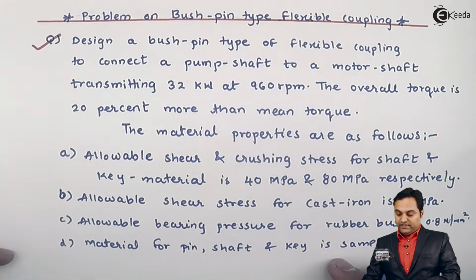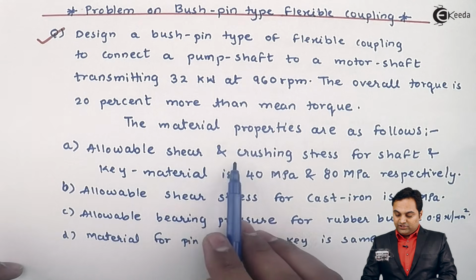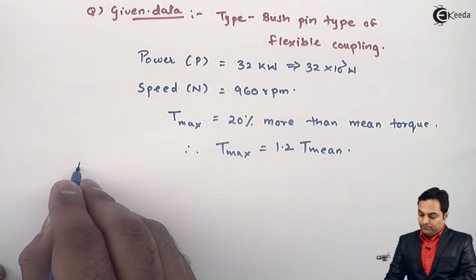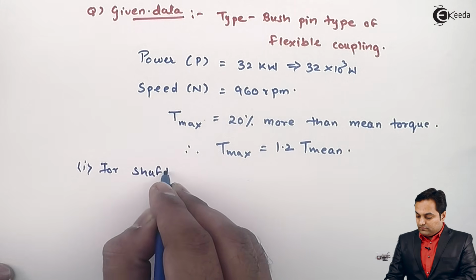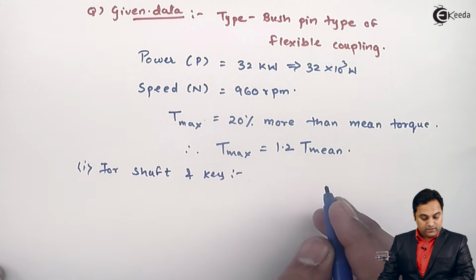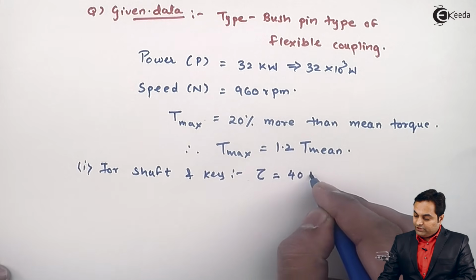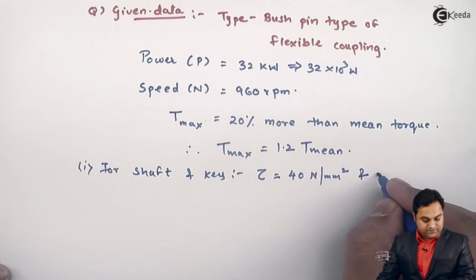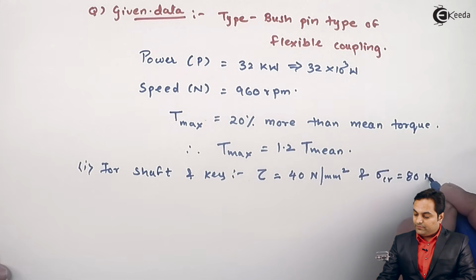Next, they have given us some material properties for allowable shear and crushing stress for shaft and key material. I'll write down for shaft and key, allowable shear stress tau is equal to 40 Newton per mm square, and crushing stress is equal to 80 Newton per mm square.